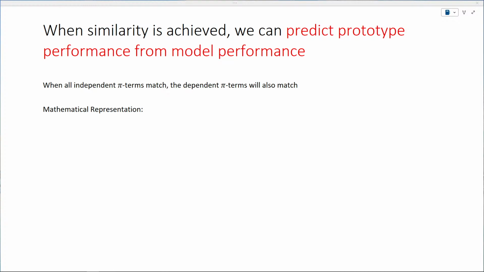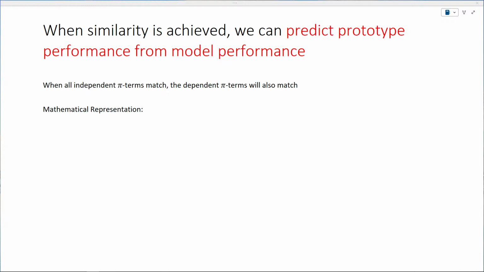That's the whole idea. If these two things are similar, these dimensionless parameters will be similar for your model and your system. And when all independent pi terms match, the dependent term will also match. When all your independent variables match, your dependent variables will also match.